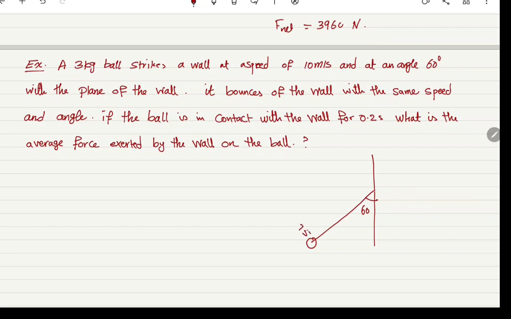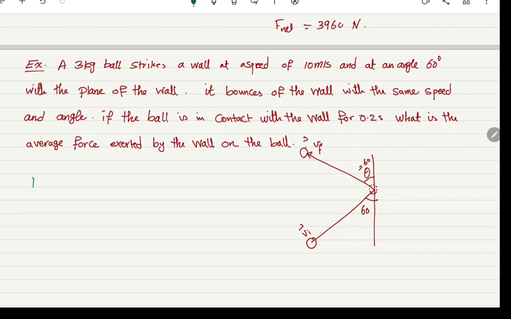It bounces back at the same angle, theta equal to 60 degrees, and this is the V final.